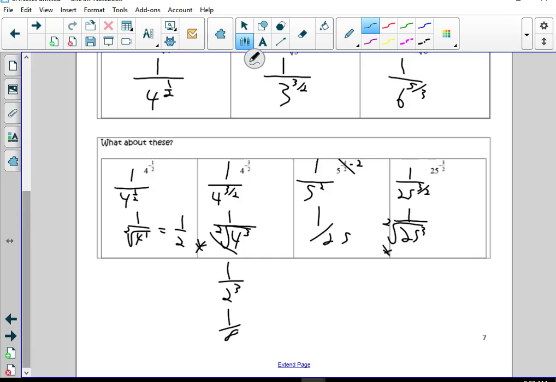It's 1 over 8. Now, listen please. If this number was 5 here, instead of 4, we'd stop right there. 5 to the 3/2 and so forth. But since we can simplify, we should go further. What's the square root of 25? So this is really 1 over 5 cubed, which is 1 over 125. It is cool.